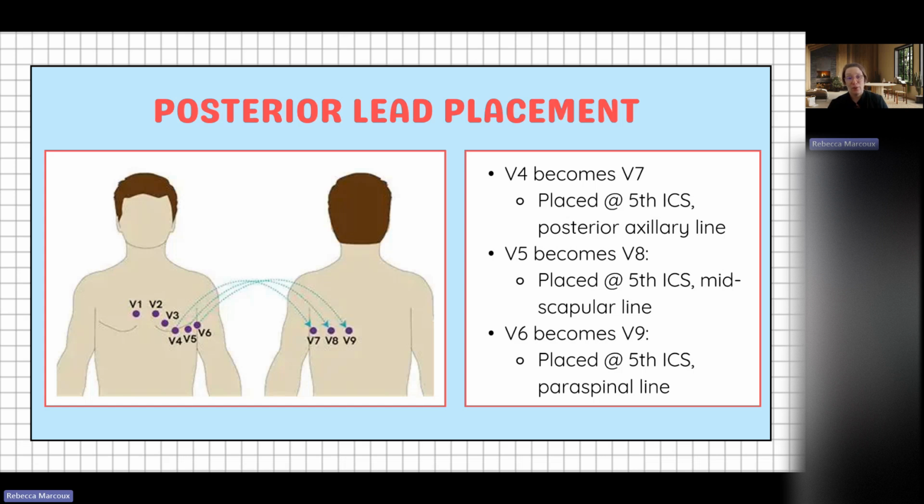So again, a bit different, not quite mid-clavicular, but mid-scapular. And then your V6 becomes your V9, and it's placed 5th intercostal space at the paraspinal line. So they should be almost straight across at the 5th intercostal space, spread out across the back there.